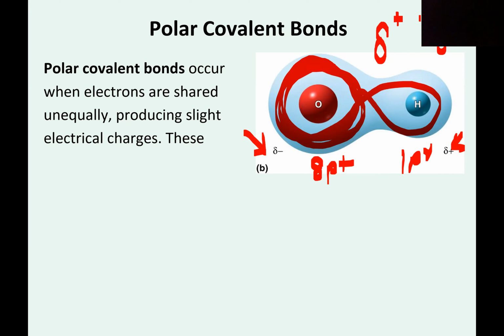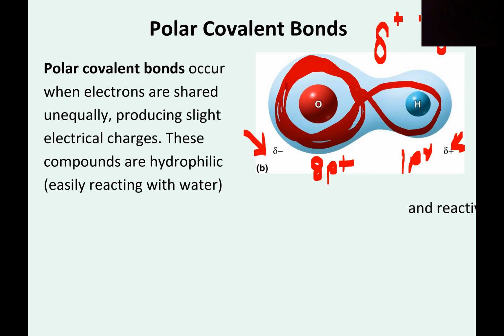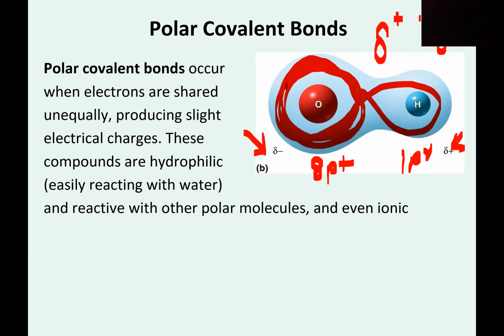So whether you're drawing the atomic structure, the Lewis dot, or the structural formula, you have to put the slight charge on those. An attribute of polar covalent bonds is that these compounds are going to be hydrophilic. So they're going to easily react with water.